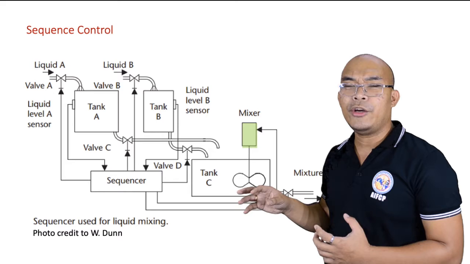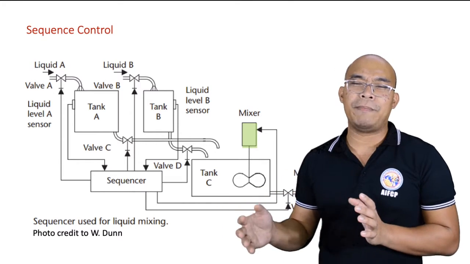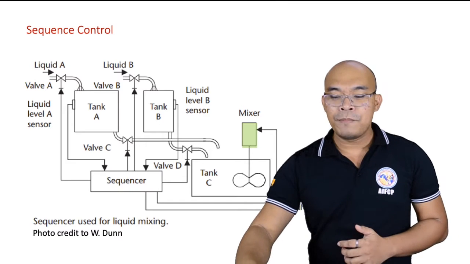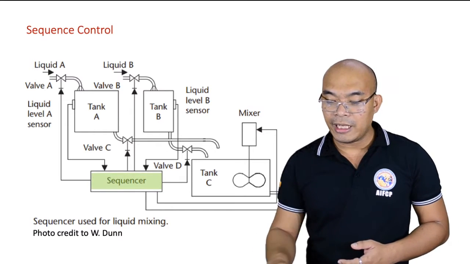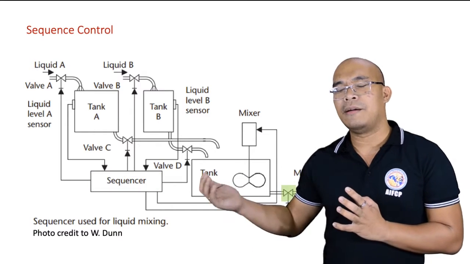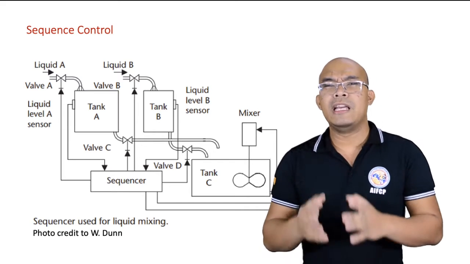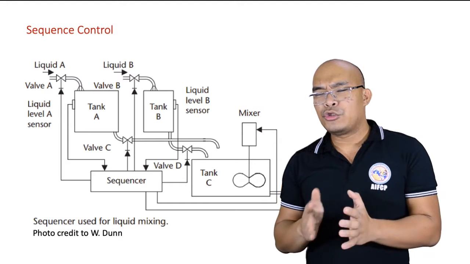Yung mixer natin ngayon is a motor, so aandar na yan for a certain duration, depende dun sa required ng system mo, iikot-iikot na yan, and then, pagkatapos yan, the sequencer will send signal to the valve F na open ka na palabas. So in this particular example here, the point of this particular example is there is a required system, a sequence na dapat sundin yung process mo.